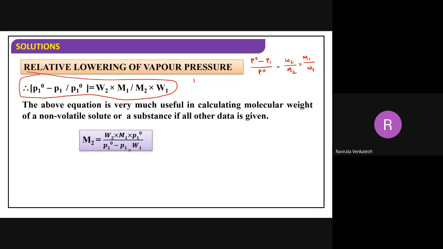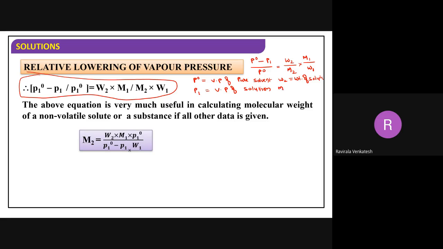Again, what is this? P naught is the vapor pressure of pure solvent. P1 is the vapor pressure of the solution. Next, W2 is the weight of solute.